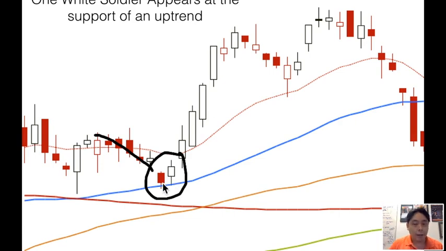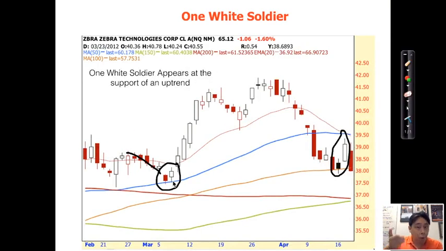Criterion number one. Next, this makes a higher low than the low of this candle. Criterion two. Next, this candle closes above the high of the bearish candle. Criterion three. So all three criteria are met. It's a one white soldier pattern. And you can see that this one white soldier pattern is appearing at the support of the moving average.